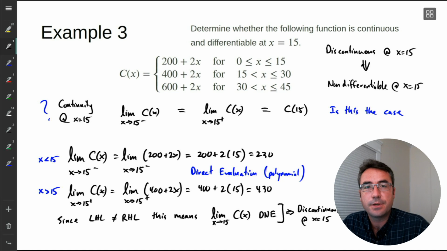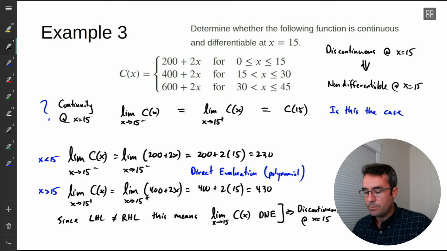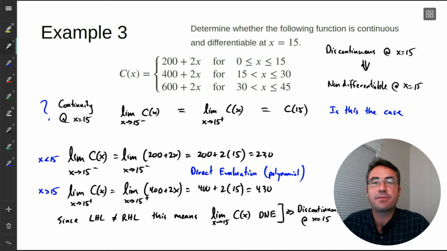Or as we saw earlier, there are graphical scenarios. By looking at the graph, you might be able to pick out a corner or a cusp or a vertical tangent line, or where there's just a jump or a break in the graph. So that's really the idea: given a formula or the graph of a function, can you identify where the function is differentiable and where it's non-differentiable?